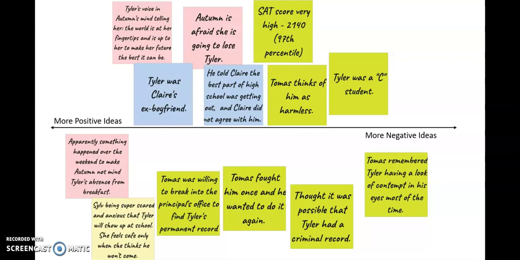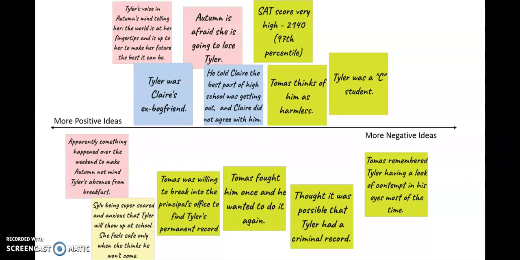He's someone I'm going to pay attention to, and I'm expecting that these characters are going to have very different ideas about him, and that's going to continue as the story progresses. So, while I'm reading, I'm going to keep track of this. I'm going to keep watching for different moments where characters have different ideas, or maybe where characters reveal something new about Tyler that I didn't know before.